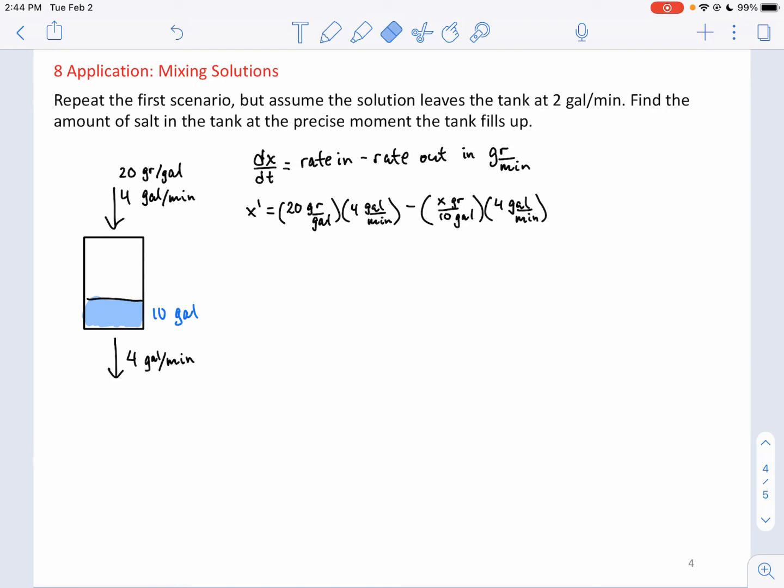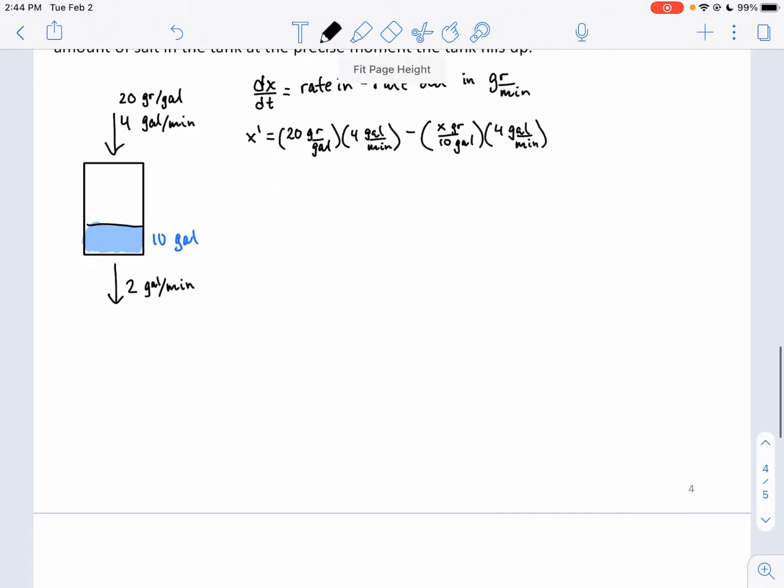Okay, so this time we have water leaving only at 2 gallons per minute. So there's going to be a change in volume here, non-constant volume again. The volume changes by, if you gain 4 gallons but lose 2, so you're going to ultimately gain 2 gallons per minute.